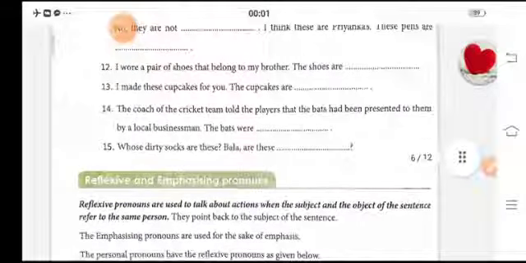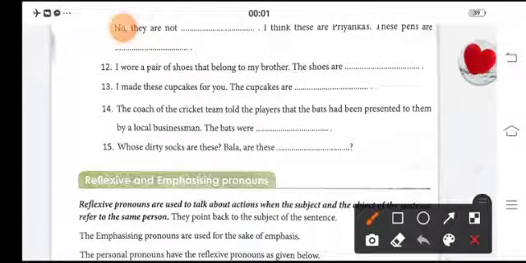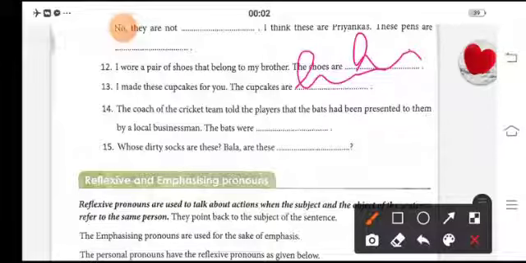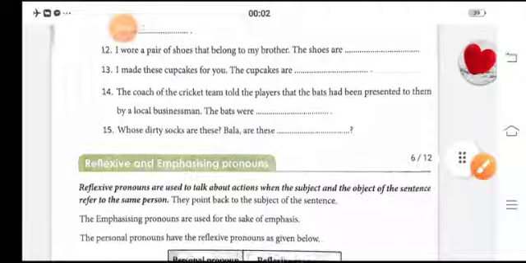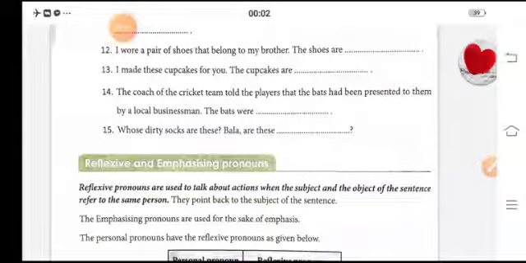So then, I wore a pair of shoes that belong to my brother. These shoes are his. Then, I made these cupcakes for you. The cupcakes are yours.